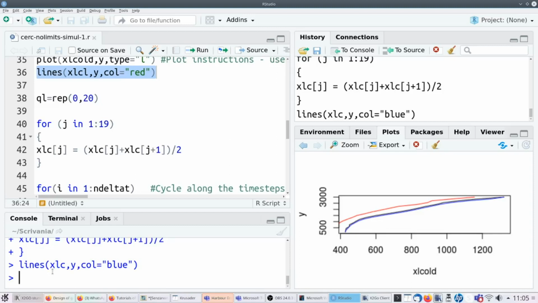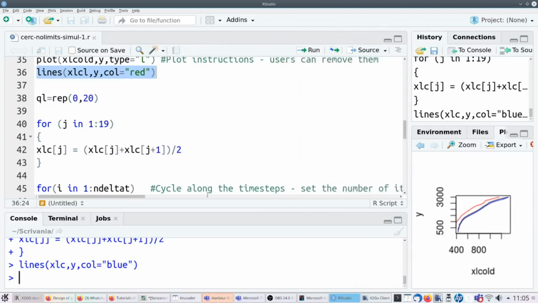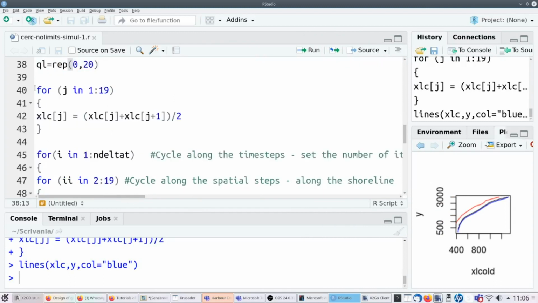So this is the purpose of this smoothing, namely to avoid singularities. Okay, perfect. Now let's reduce the size of the graph because I need space to look at my code. So we already did this.